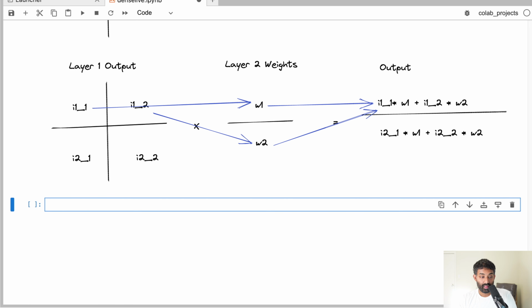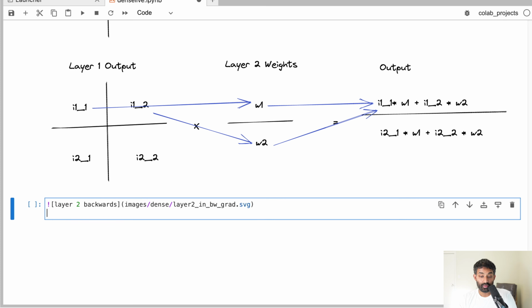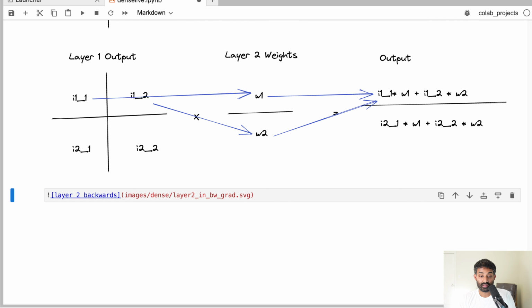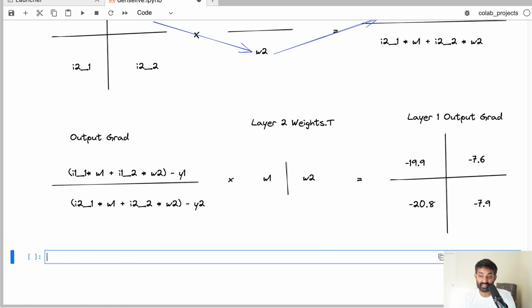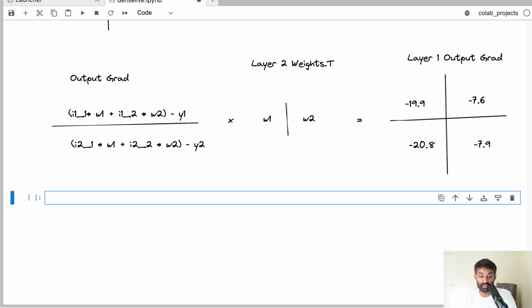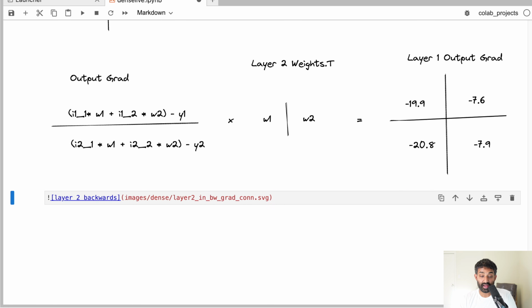All right. So this is how we can reverse our forward pass to ensure that we're correctly accounting for that scaling. So we take our output gradient and then we transpose our layer 2 weights and we multiply them out to get our layer 1 output gradient. And we can see how this preserves the correct connections from the forward pass.